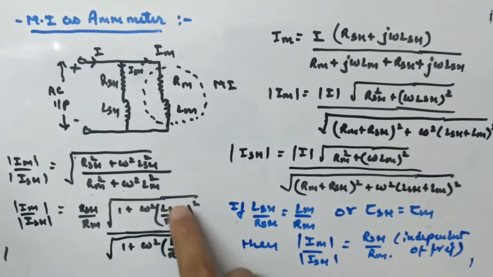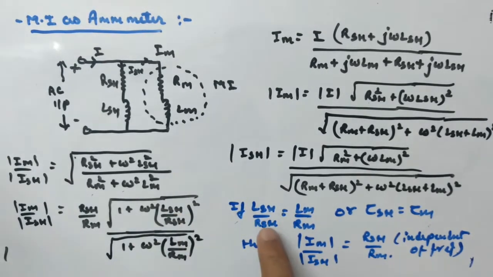Now if you keep these two quantities the same, meaning LSH divided by RSH is equal to Lm divided by Rm, or you can say the time constant of the shunt side equals the time constant of the Im side, then it will not be dependent upon the frequency.